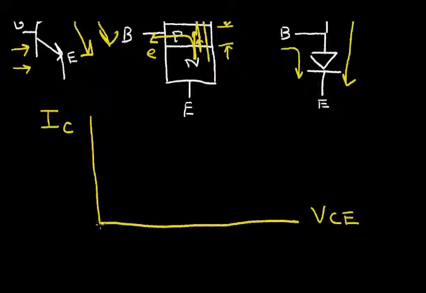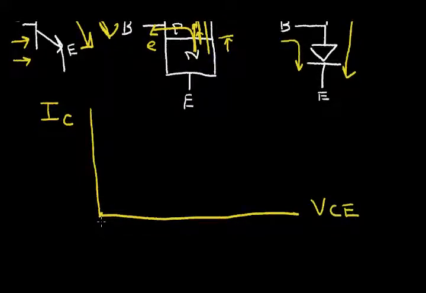Now if I plot a typical characteristic, let's say I put a little bit of base current in, and I plot this characteristic, I'll get 0 here. Then do something like this. There'll be a slight slope, and eventually the transistor will break down, and I'll get a huge current flowing.